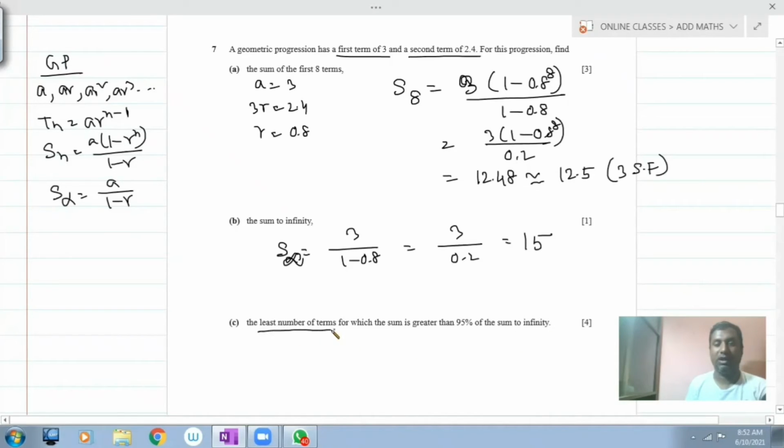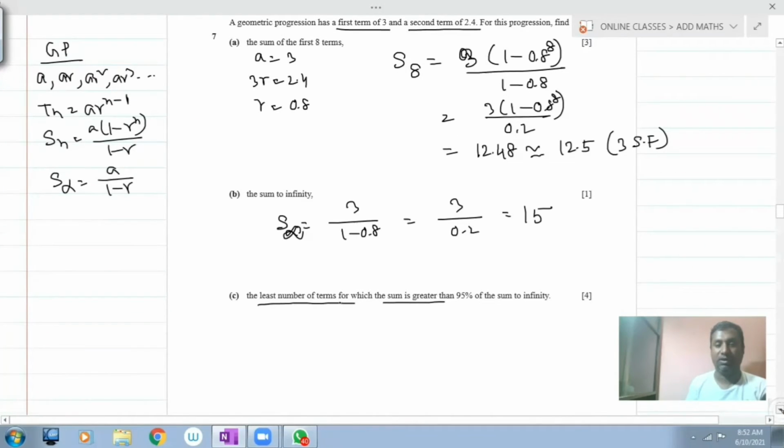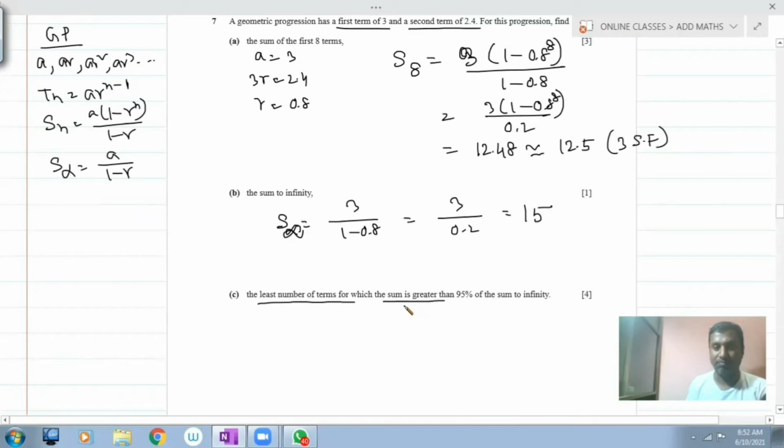So the sum of n terms is Sn equals 3 times (1 minus 0.8 to the power n) divided by (1 minus 0.8), and the sum to infinity equals 15.